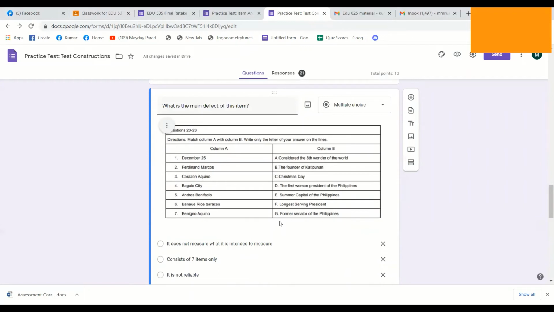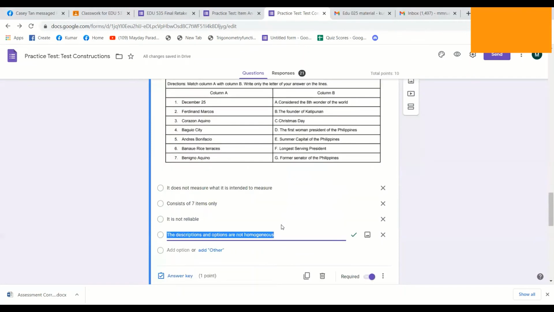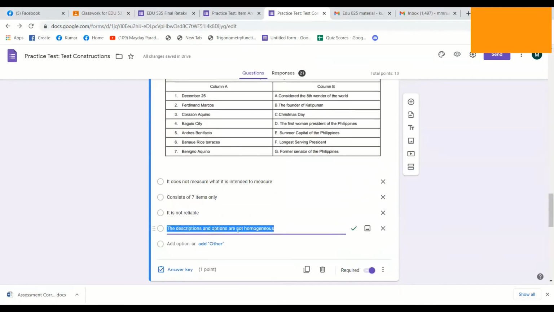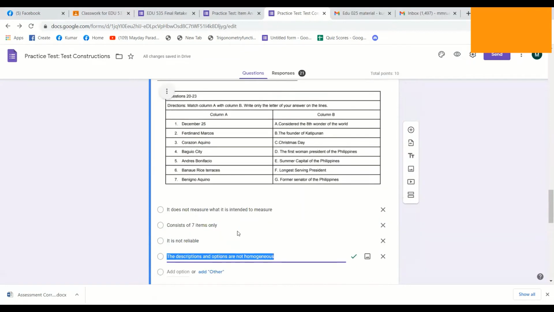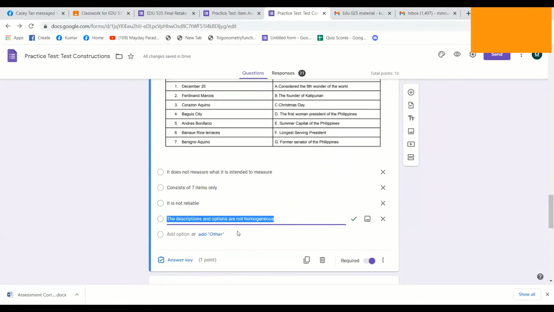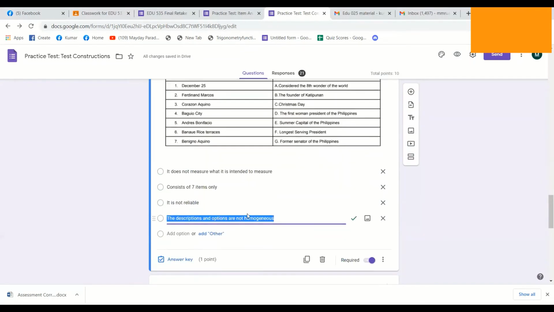Okay, so those are some defects that I could see in this test item. So what about homogeneous options and descriptions? They are found here. So letter D is the answer. But actually, there are still many.